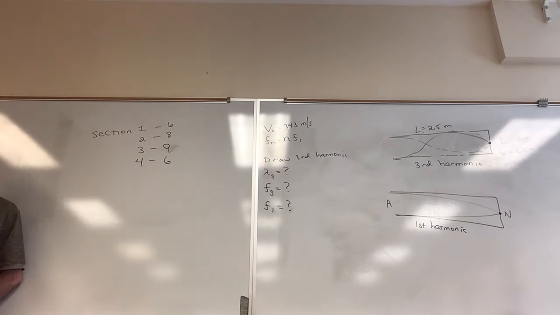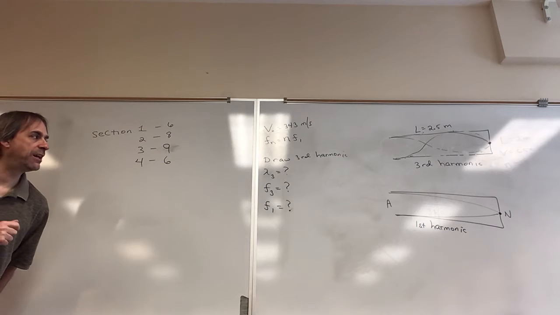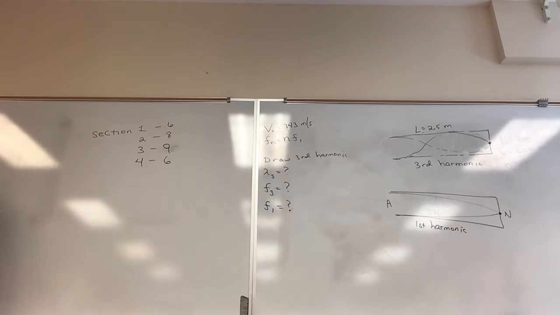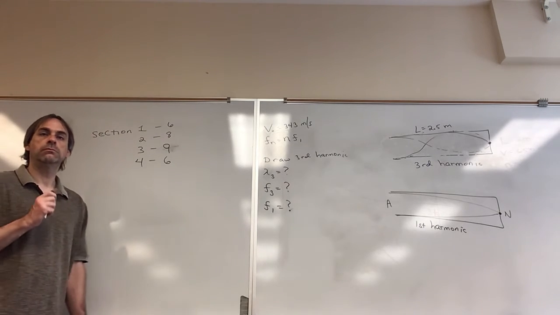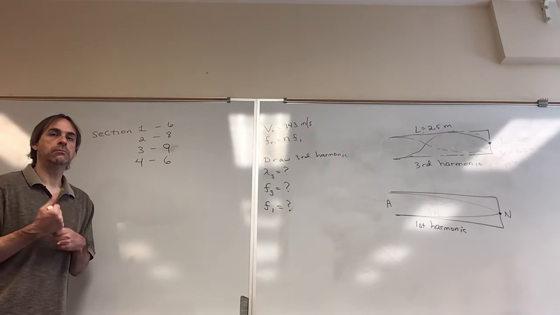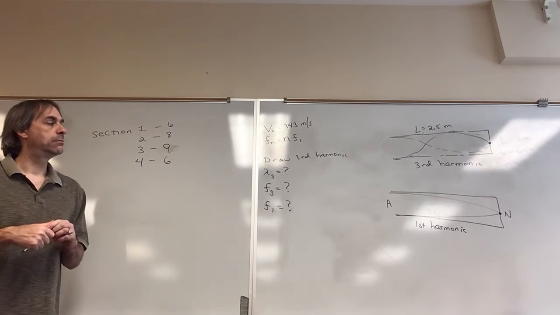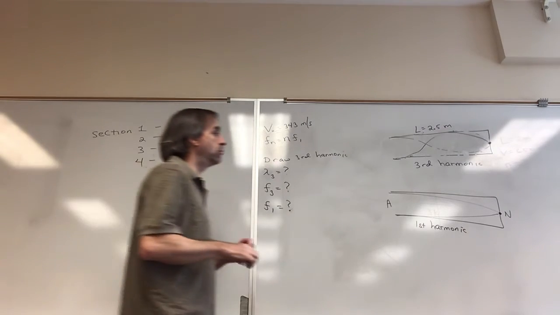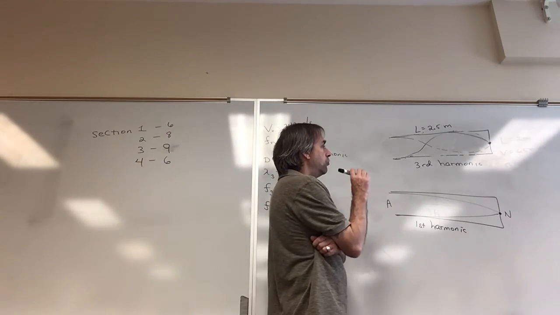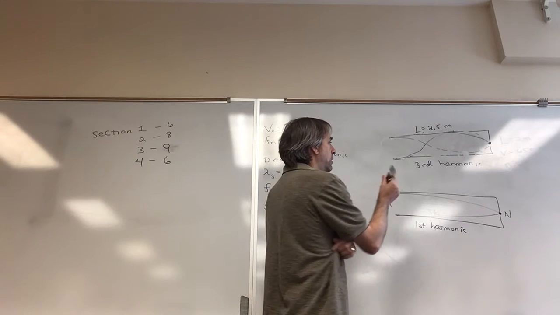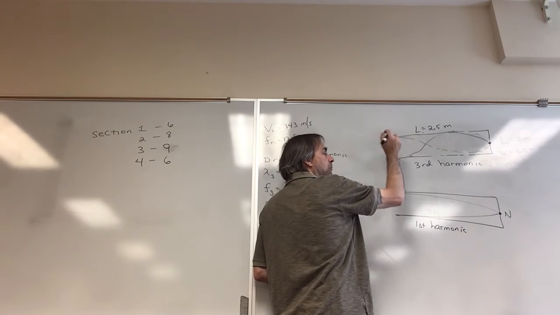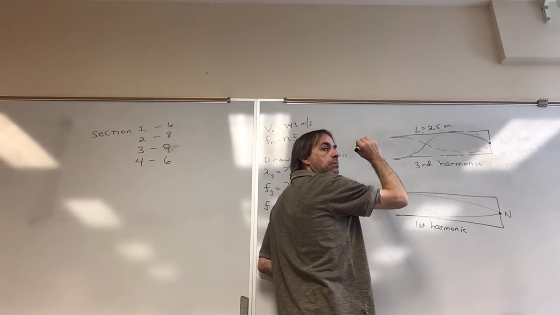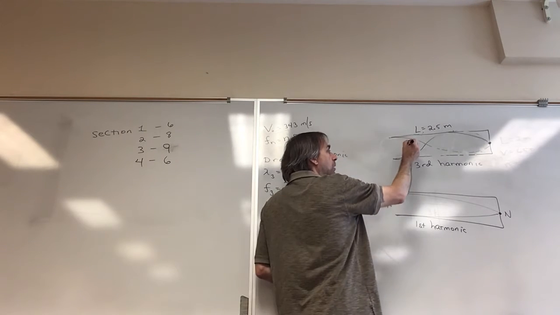Picture's the hard part. So how would we find the wavelength now? I think I heard you talking about it. We just said divided by 1.5 because we said that we're gonna divide length by 1.5. So what's this part here? Well, that's half of a harmonic. Oh, but technically that's one full harmonic, right?